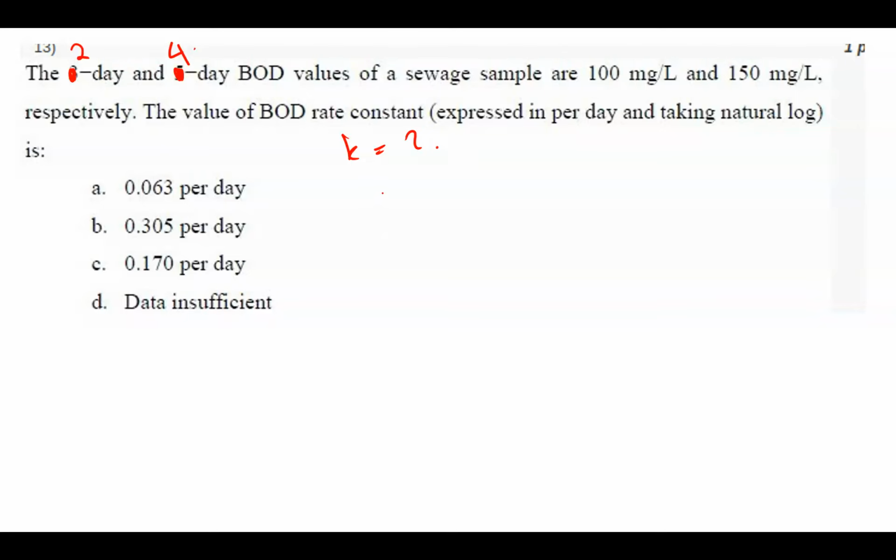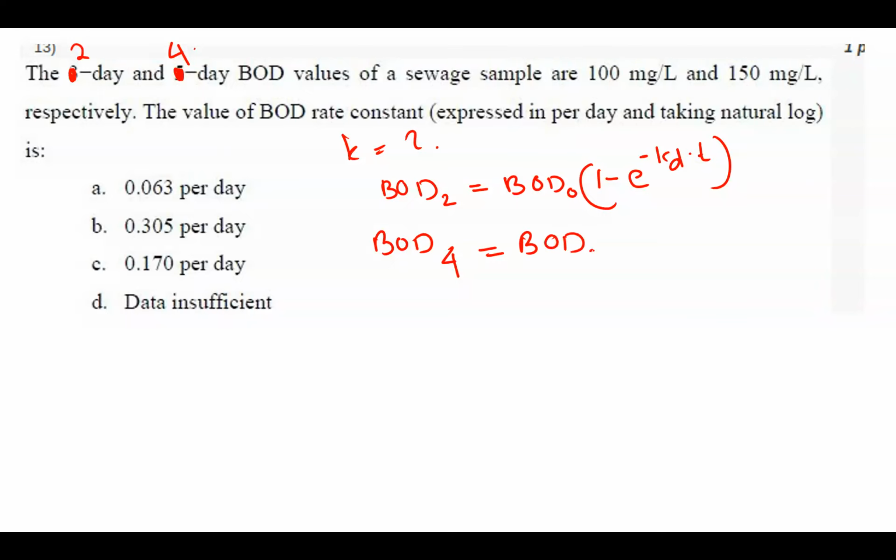So here the same thing: BOD at 2 day equals BOD initial into 1 minus e raised to minus kd into t, and BOD at 4 day equals BOD initial into 1 minus e raised to minus kd into t.